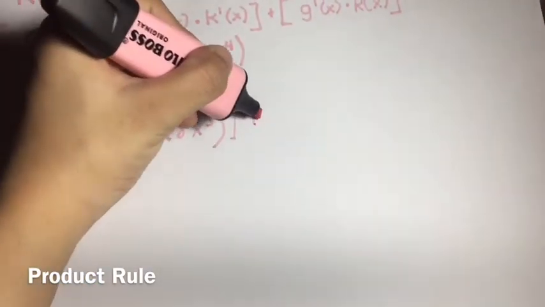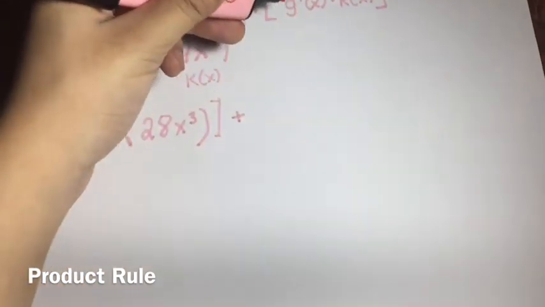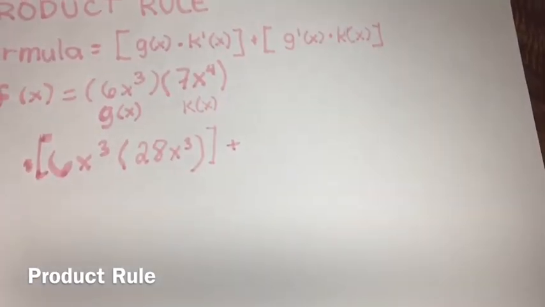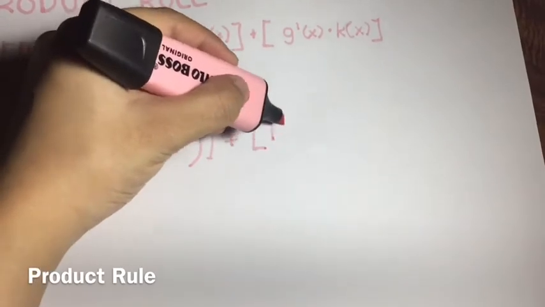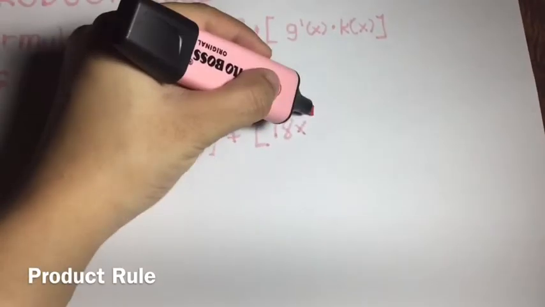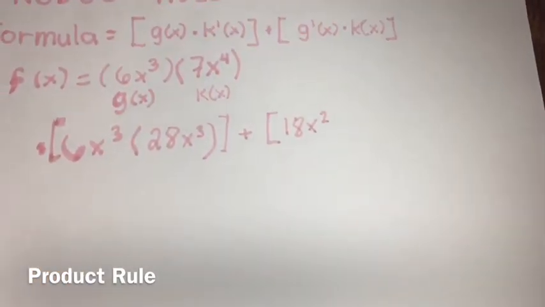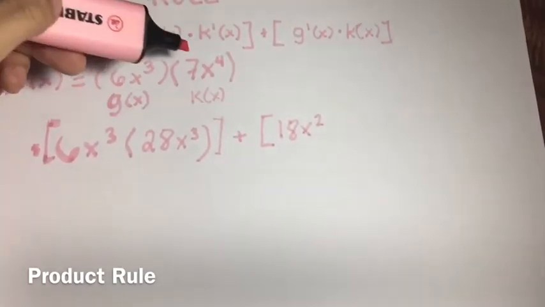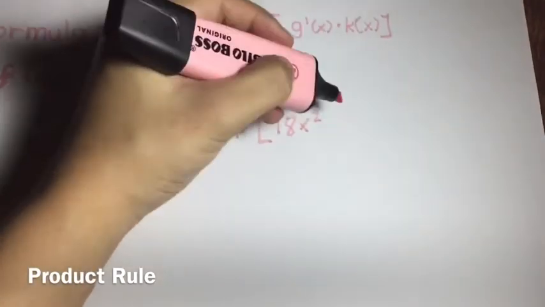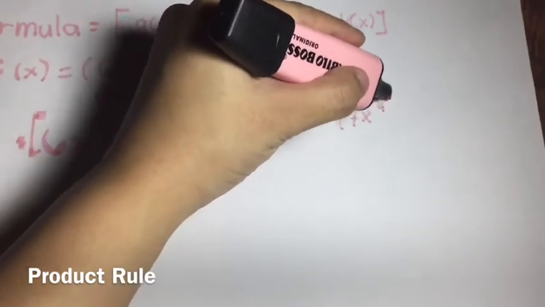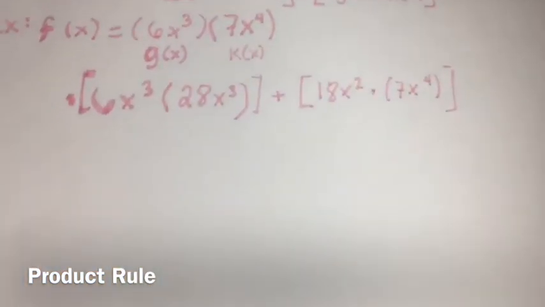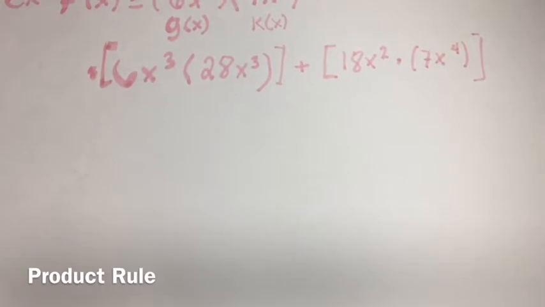So plus, going to find the g prime, which is 18x squared, and just copy times 7x to the 4th.